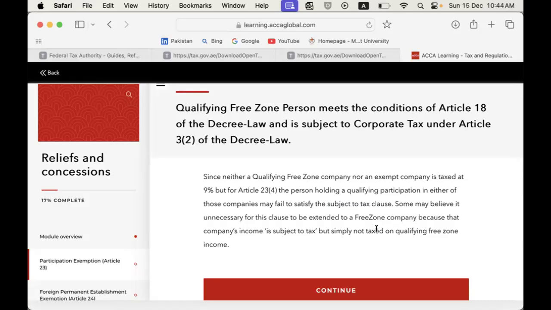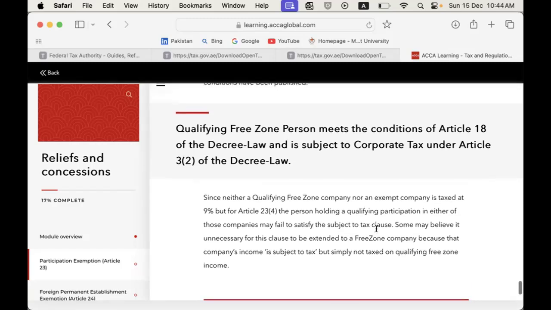If, for example, there is a free zone company and their income is not qualifying, then it can be termed as a free zone person and they will be taxed at 9% instead of 0%, which is for the qualifying free zone. So can we say that a qualifying free zone person is a subset of the larger expression called free zone person? Yes. Correct. So all qualifying free zone persons are free zone persons, but not all free zone persons are qualifying free zone persons. Okay.